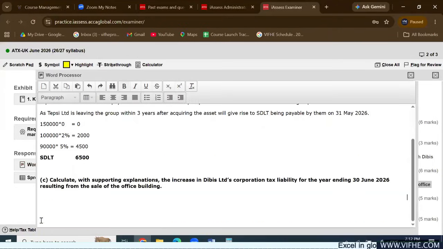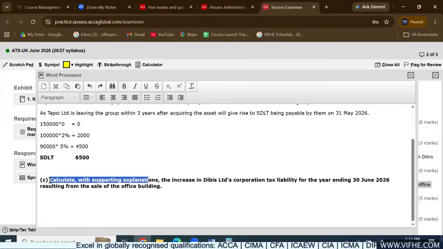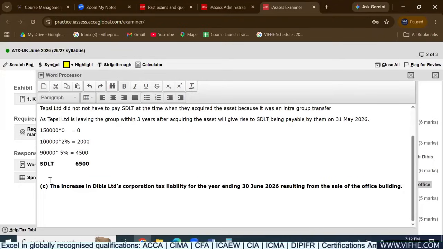This is, by the way, requirement C, not D. These are basically the commanding words, which don't seem suitable for a heading, so I'm just going to remove them, the 'calculate' or 'provide the supporting calculations', and turn it into a heading: the increase in DB's Limited corporation tax liability for the year ending 30th June 26, resulting from the sale of the office building. Clear?